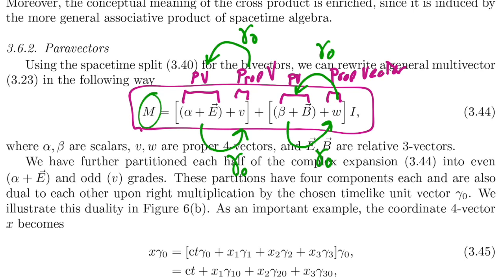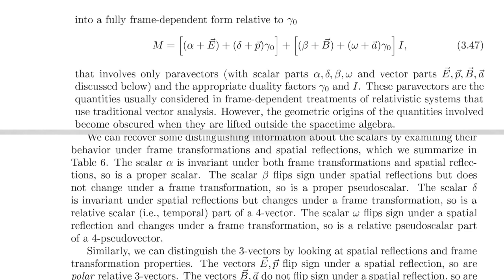It's still the same multivector, and it's still the same total basis for the geometric algebra. We're just shuffling things around in more useful or telling ways. So what is our next telling way? Well, the next telling way is we're going to shift it into a fully frame-dependent form relative to gamma 0.